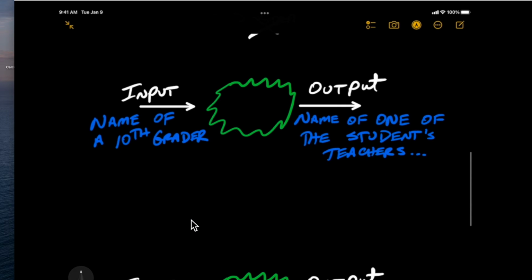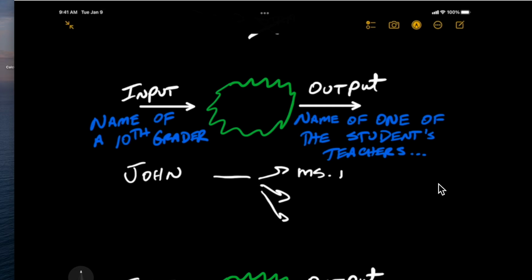Next one. Given the name of a 10th grader, name one of the student's teachers. Well, if I give you the name of John as an input, John has multiple teachers. He has Ms. Jones for math. He has Mr. Johnson for ELA, etc. So this is not a function.